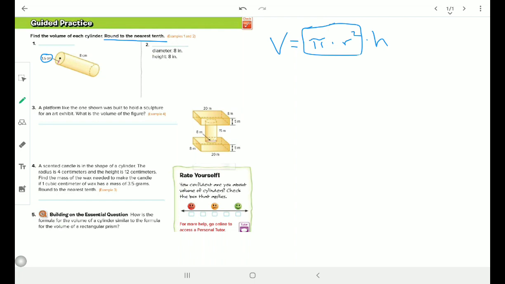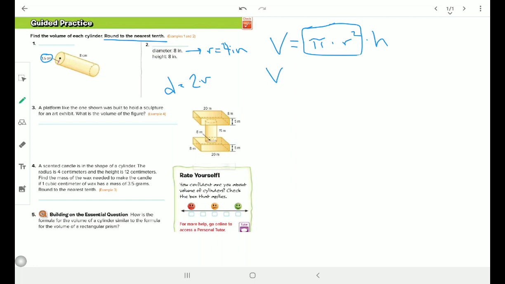Well, remember that diameter is equal to 2 times the radius, right? So what can I do? I can divide this 8 by 2 to get a radius of 4 inches, right? Remember, radius is half the diameter. So when I plug in, I'm going to be plugging in 4, okay?